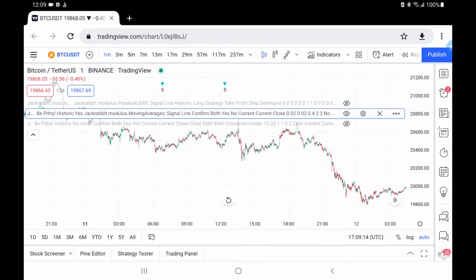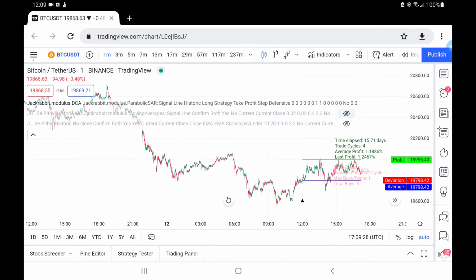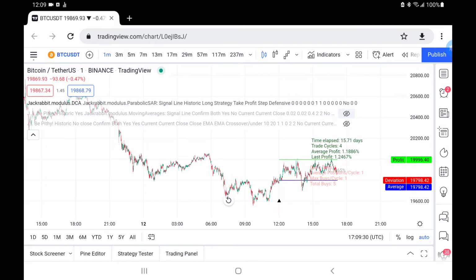So I'm using Parabolic SAR and the moving averages to create a combination that provides a very unique profit. Now this is on the 1 minute chart. The way I have it tuned, it takes only one position per cycle, and its maximum so far is 1.